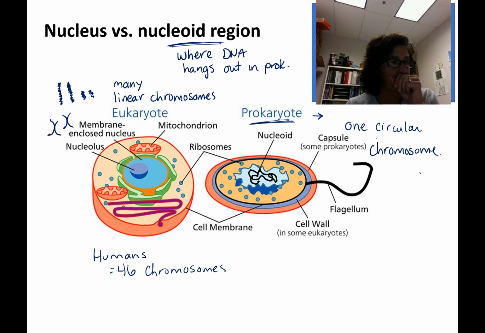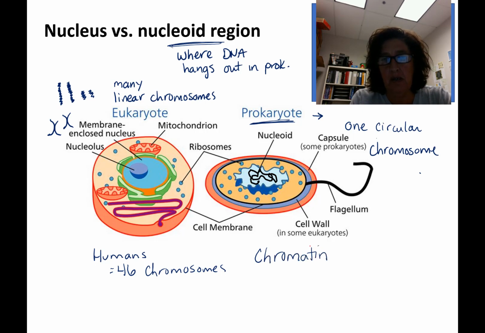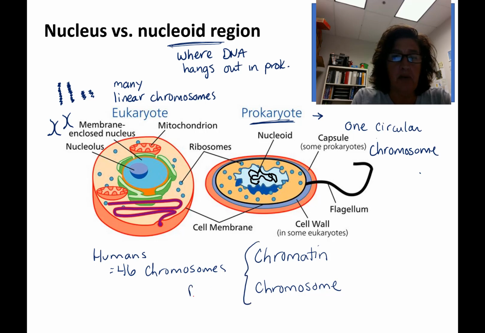And your book talks about chromosome and chromatin. And so let me help you define this. So chromatin versus chromosome. So they're both DNA plus proteins.